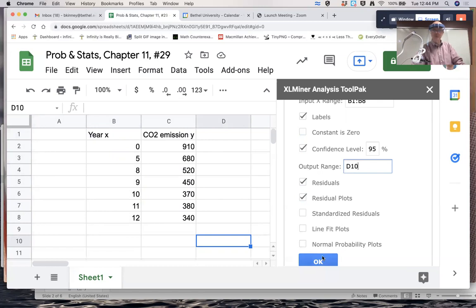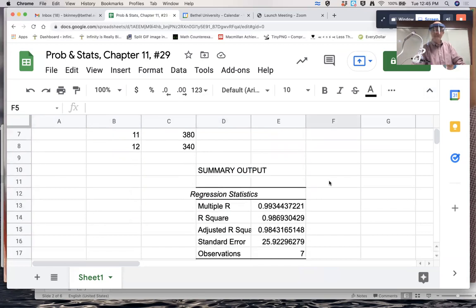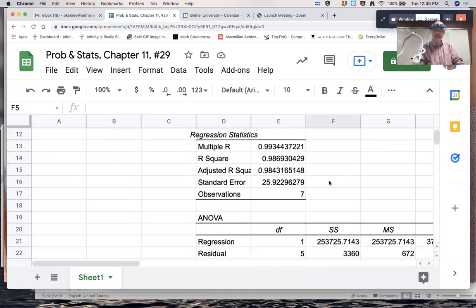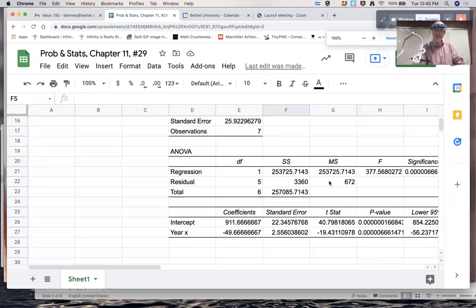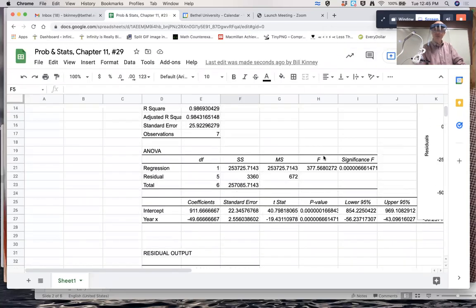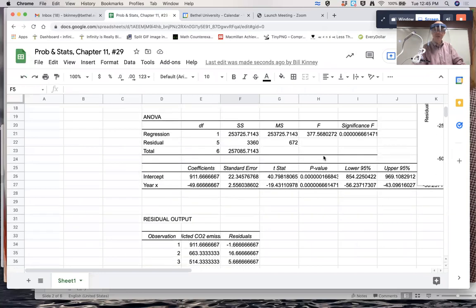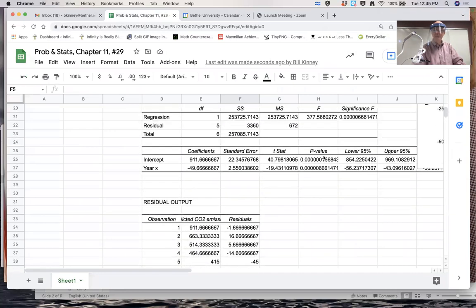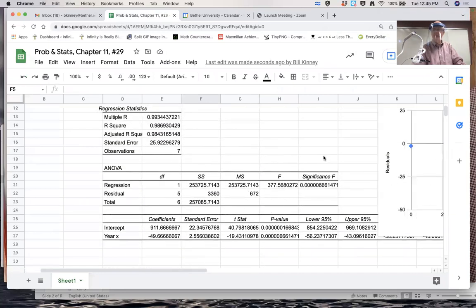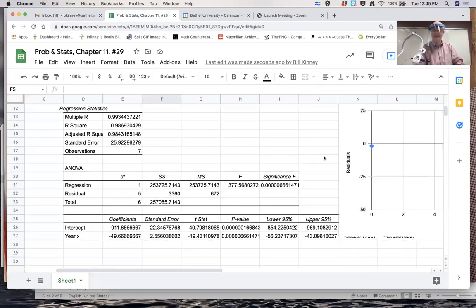Ready? 1, 2, 3, go. Summary output. There it is in all its glory. Summary output, including some graphs as well, including residual output. And something that I have no idea why it does it this way.